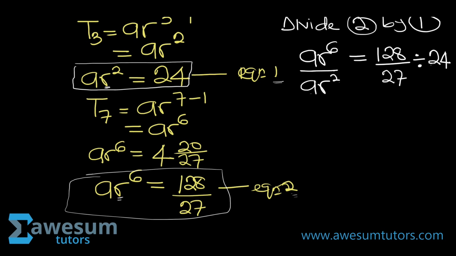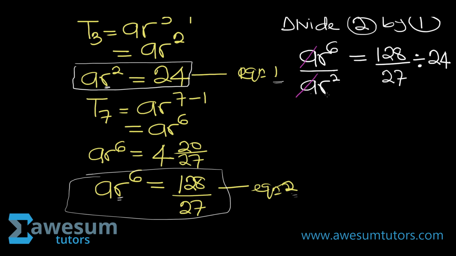Now, how do I go about doing this? If you look, this A is going to cancel that A, okay. Also, you have R to the power 6 divided by R to the power 2.